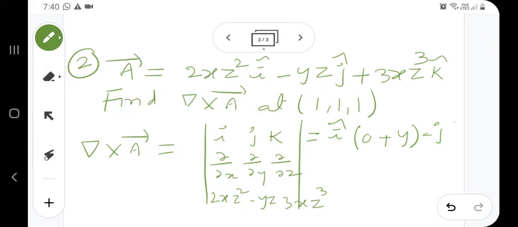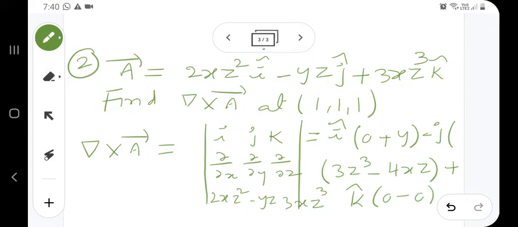Minus j into dou by dou x of 3x z cube, that is 3z cube, minus dou by dou z of 2x z square, that is 4xz, plus k cap into dou by dou x of yz, 0, minus dou by dou y of 2x z square, 0.